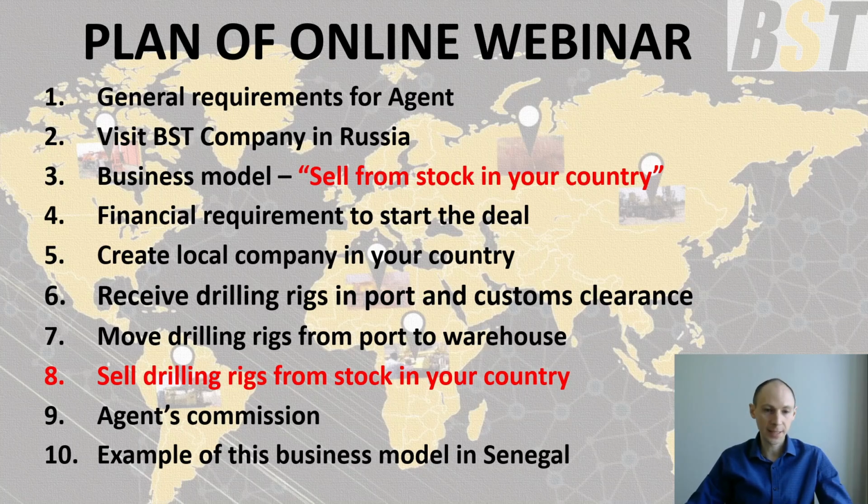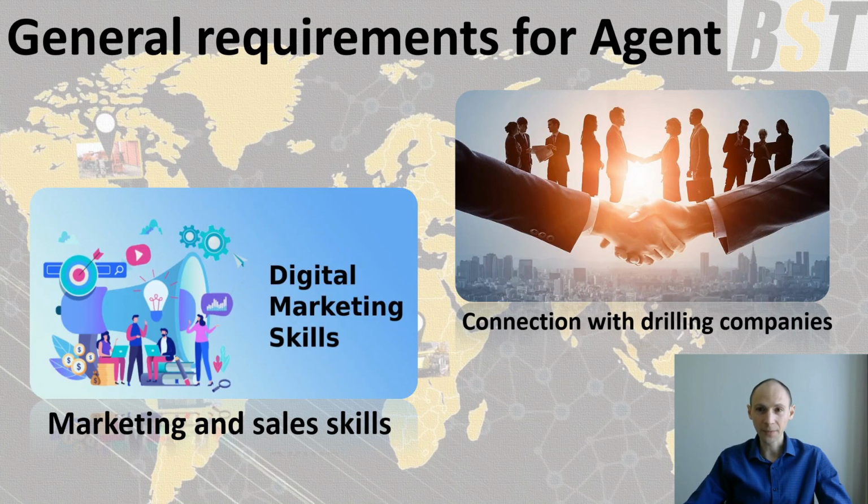At this step, I will describe the profit of the agent, how you will receive your commission, and how it will be calculated. And number 10, example of this business model in Senegal. So it means that we already have developed this model, and not only developed, but already tested this model in Senegal, city of Dakar.